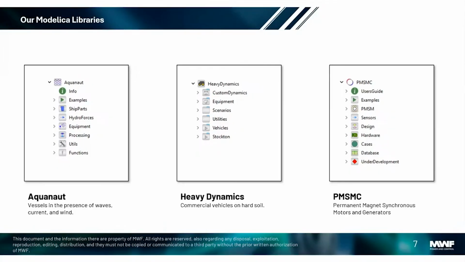Another version of this library was developed also for soft soil and interaction with rocks and so on. I'm going to mention this very briefly, but this current version is dedicated to the simulation of heavy vehicles on hard soil. PMSMC means Permanent Magnet Synchronous Motors Control.